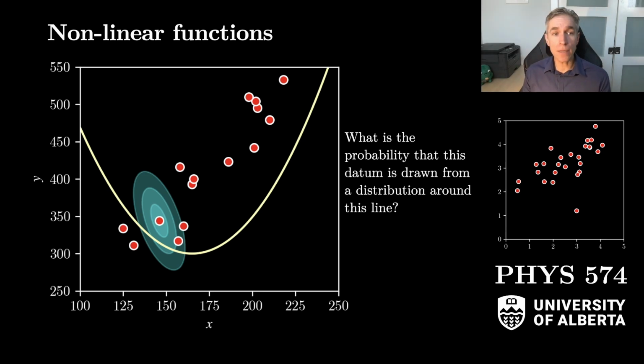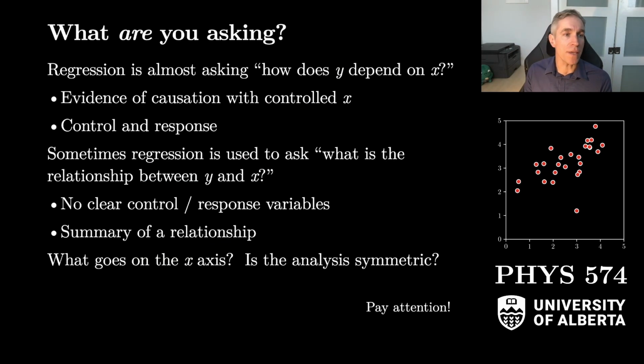So it gets quite complicated, but I want to stress throughout this whole thing, your golden signal, your clarion call should always be, what are you asking of your data? Regression, as we've framed it so far, is built around the idea of asking, how does Y depend on X?